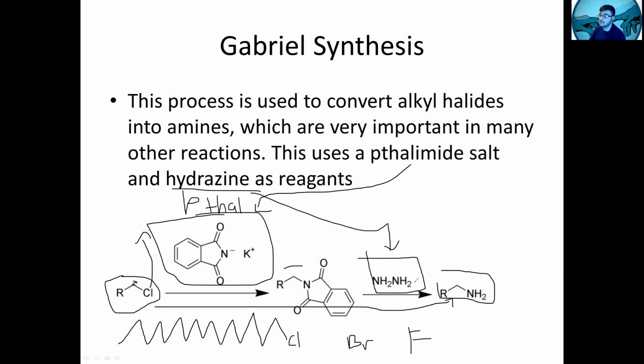And then you just do NH2, which is hydrazine, and it comes in and one of these NH2 will replace this, and the other one will basically just get rid of this bulky group and put an NH2 in there instead. Okay, very easy, very simple.